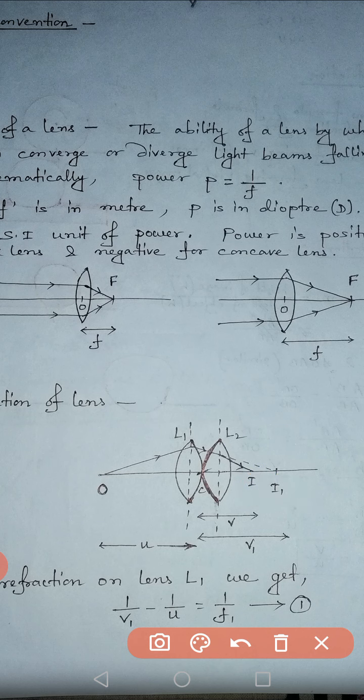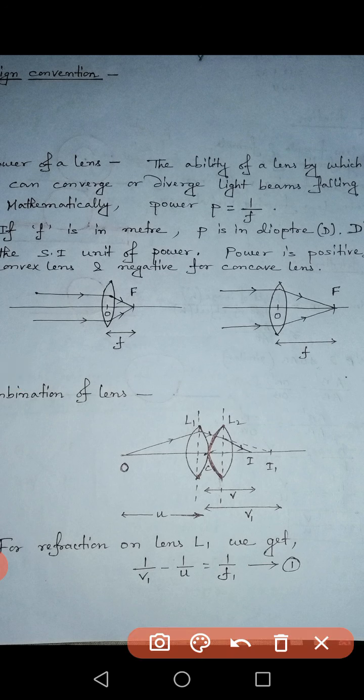Okay, then let us see the distances. Object distance is U, which is generally measured from this point C, as we took point C as the combined optical center. V is the final image distance, that is the distance of point I, and V1 is the distance of I1 from C. So for lens L1, if we apply the lens formula, you remember the lens formula, that is 1 by F is equal to 1 by V minus 1 by U. For lens L1, in place of F I will write F1.